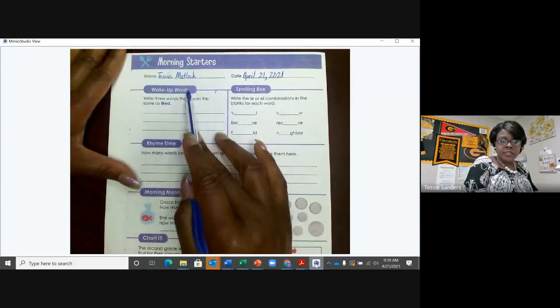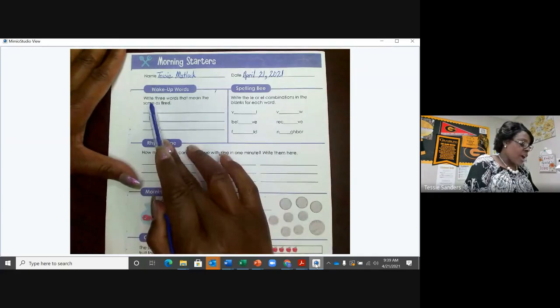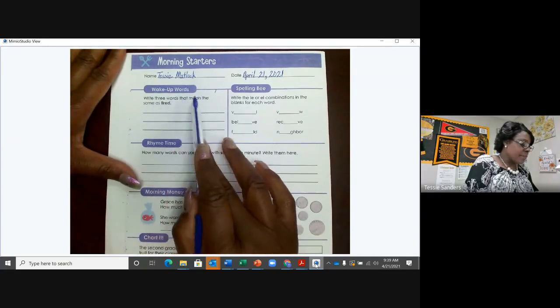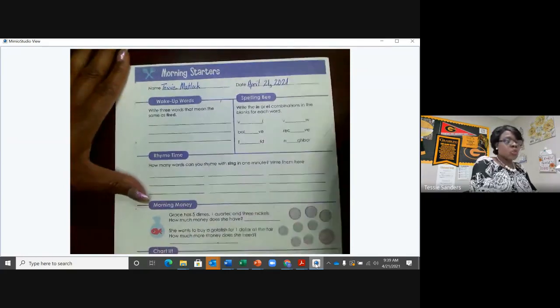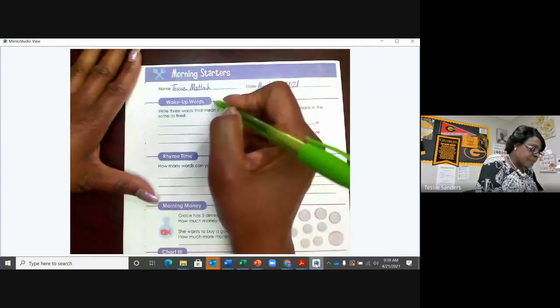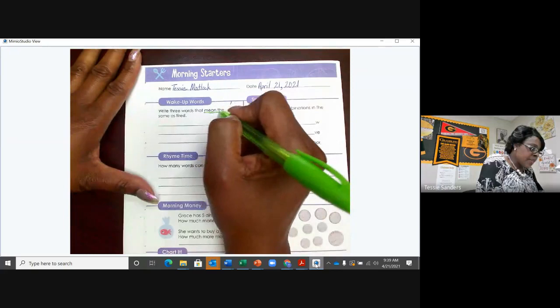Wake up words. Write 3 words that mean the same as tired. Circle or underline mean the same.